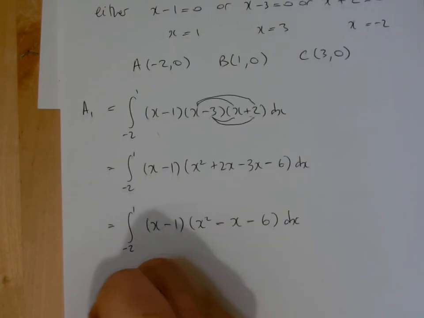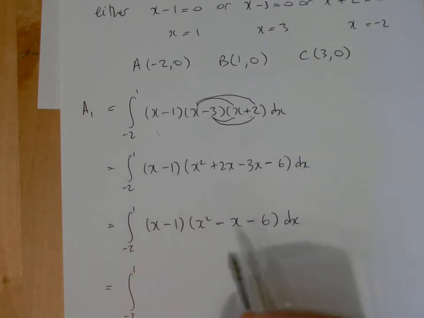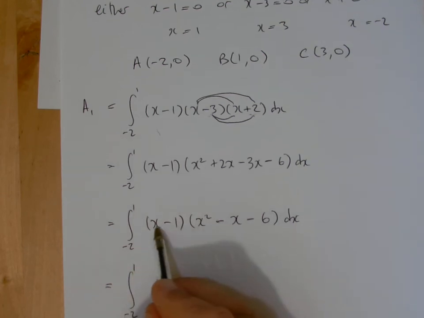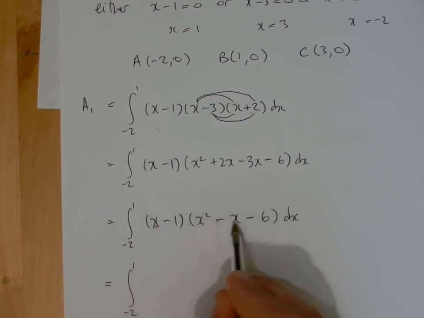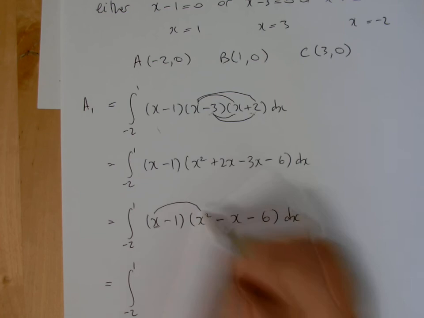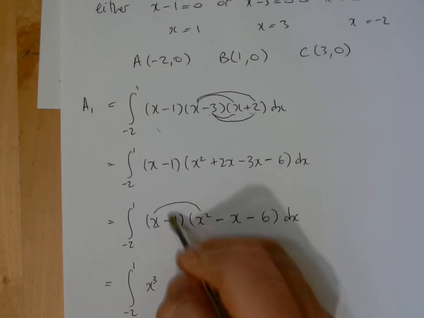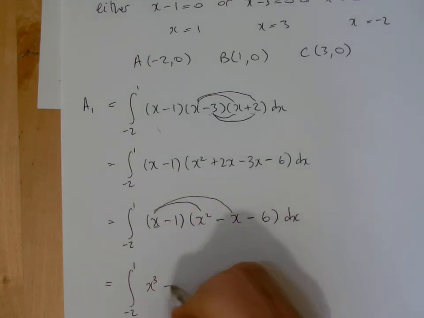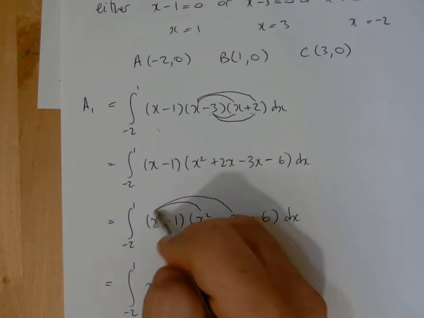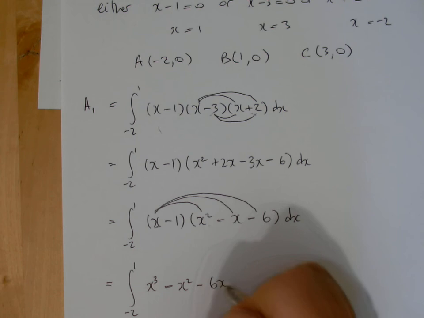What I do is focus on the first term, the x, and multiply that by every term in here. So x times x squared is x cubed. x times minus x is minus x squared. x times minus 6 is minus 6x.